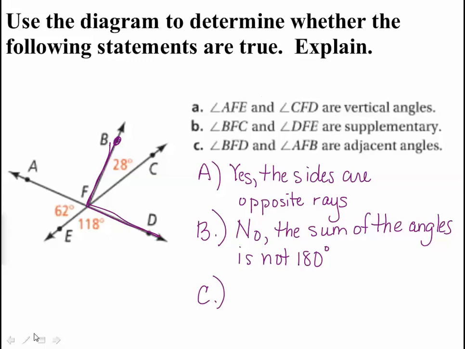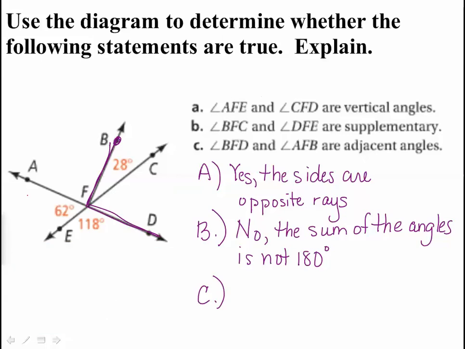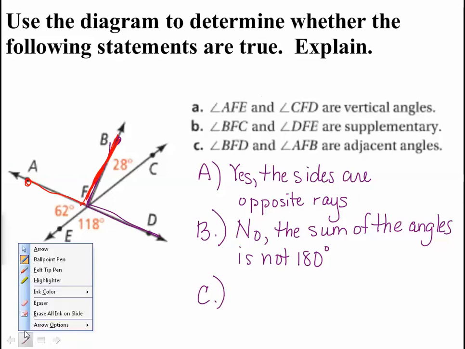I'm going to use a different color so that we can see the difference between the two angles here. Are adjacent angles. If we notice here, the two angles actually do lie side by side, and FB is a ray on both of the angles. So that means that these are indeed adjacent angles.